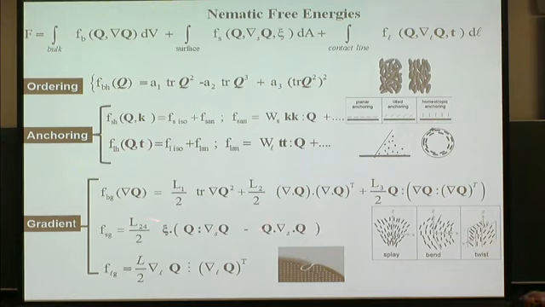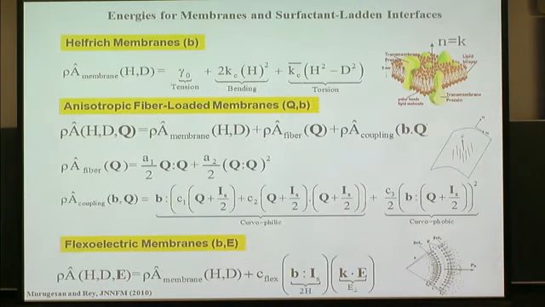This kind of energy describes this scenario. You can also envision gradient elasticity on contact lines, as indicated here, as gradients of Q. These are line gradients, these are surface gradients, and these are 3D gradients.